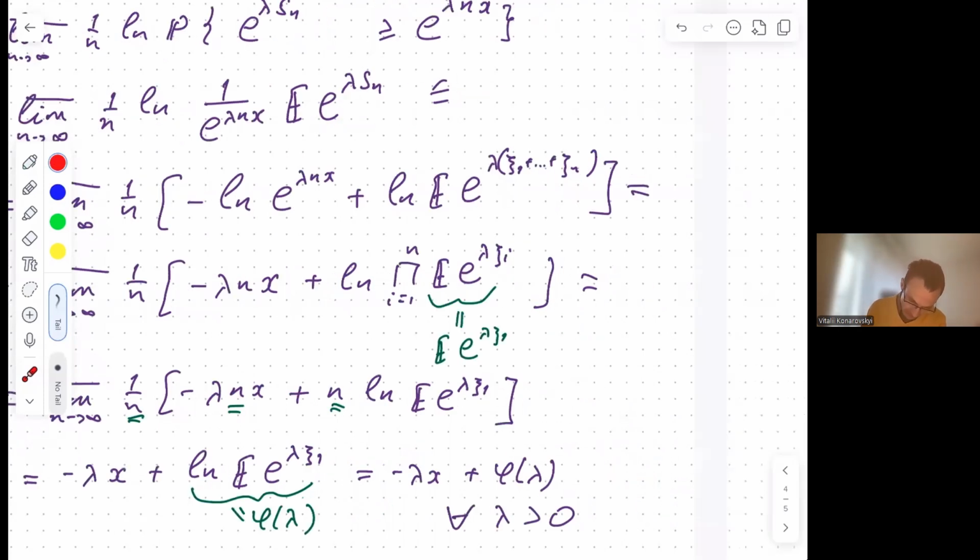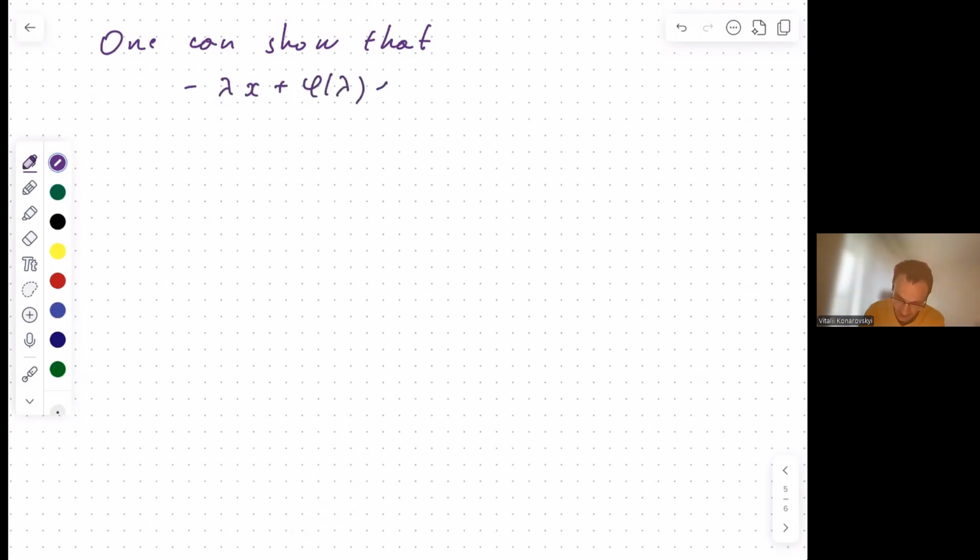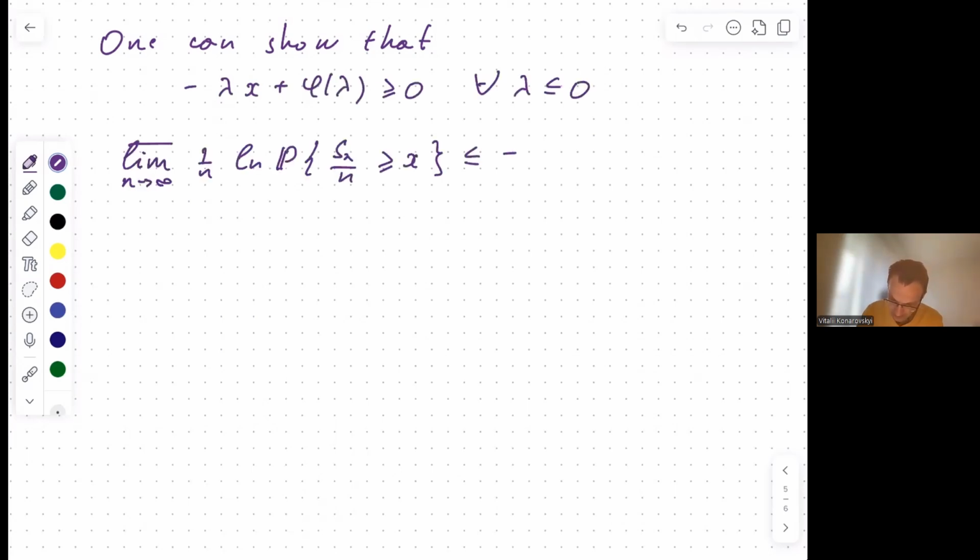So let me write that. One can show that the limit of 1 over n logarithm of the probability that S_n over n is larger or equal than x is less or equal than minus lambda x plus phi of lambda.